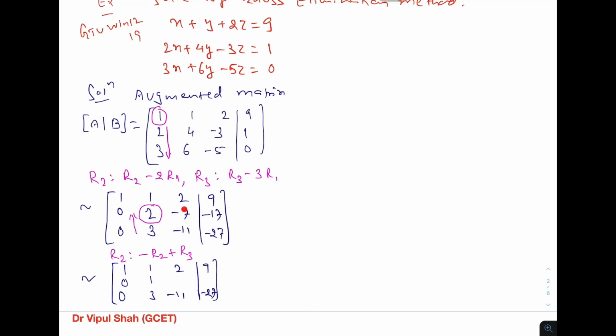Now this one is plus 7 minus 11, so that is minus 4. Then this one is plus 17 minus 27, so minus 10.